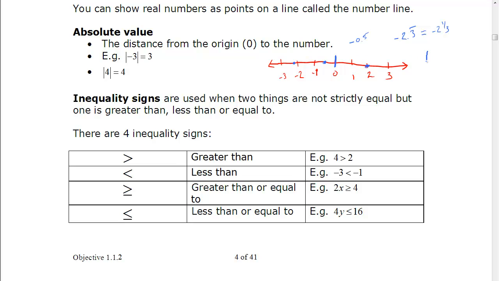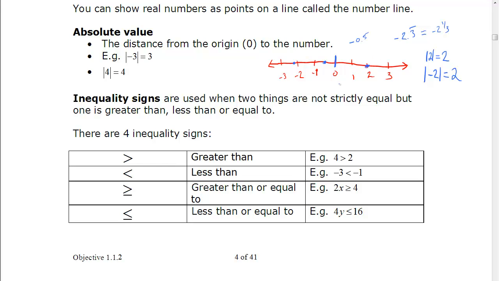So the absolute value of 2 would be 2. The absolute value of -2, well, that means the distance from the origin, 0, to -2. And the distance is still 2. It doesn't matter that it's left or right or negative or positive. It's distance. It's always positive.